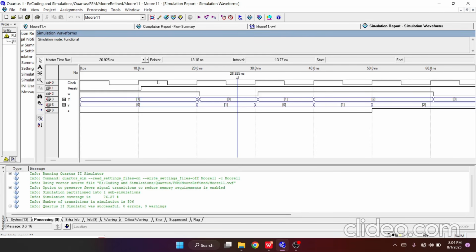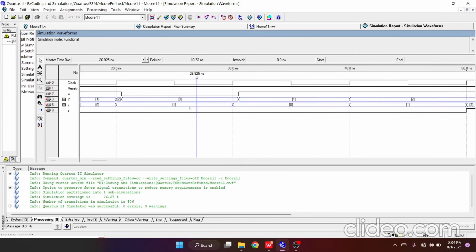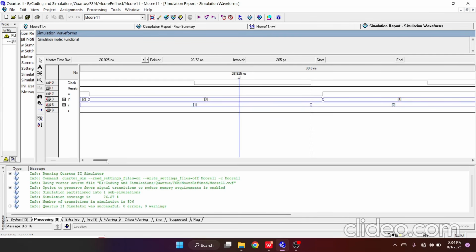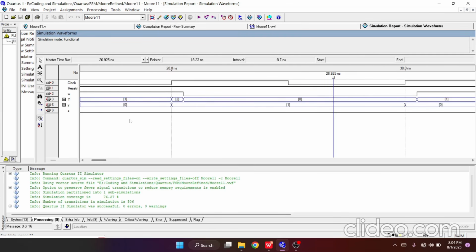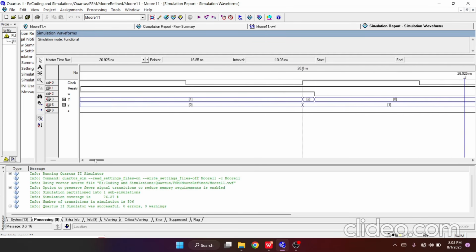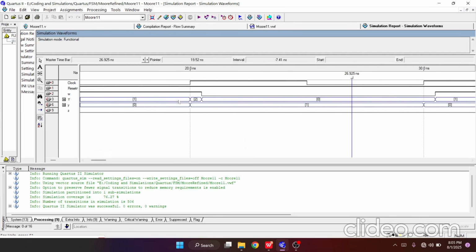After this detection, now here you see that at this clock edge, the small y must get updated with the next state value.